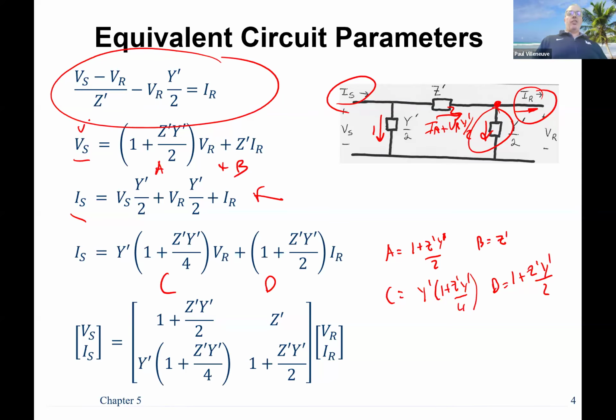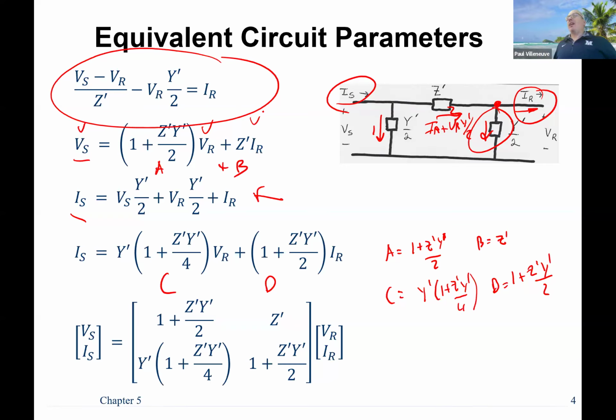Does a voltage equal a voltage plus a voltage? Well, what should the units be of 1 plus Z prime Y prime over 2? Should be a unitless quantity, right? Because if I multiply a unit by volts, I'm not going to get volts. So 1 has no unit.